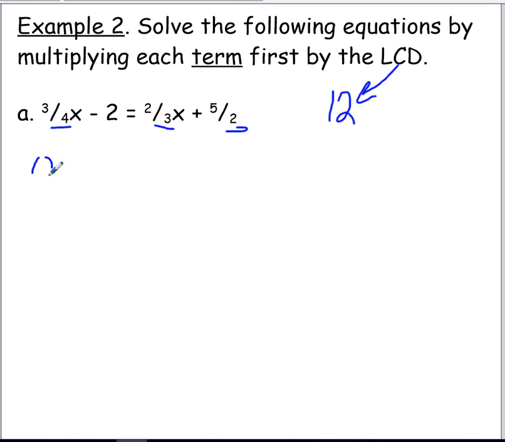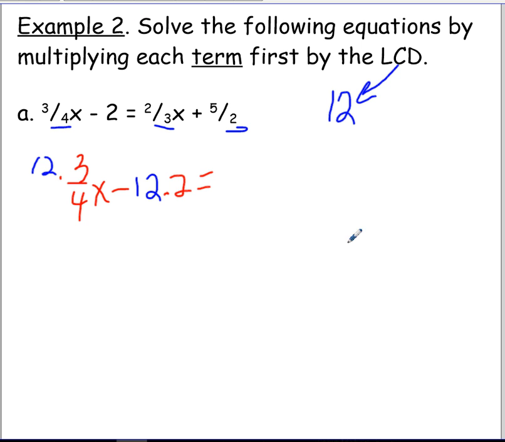So 12 is going to get multiplied by the 3/4 x. And 12 is going to get multiplied by the 2. Even though the 2 is not in fraction form, we still have to multiply everything by 12 or we're not keeping it equal.